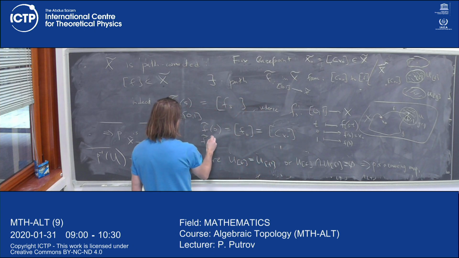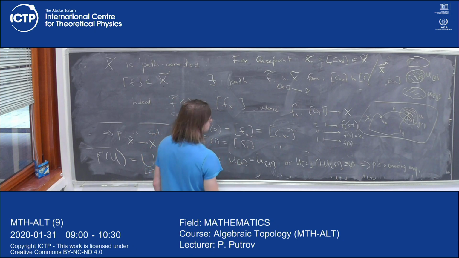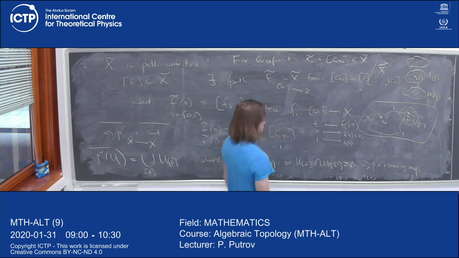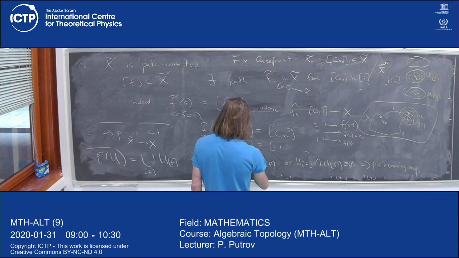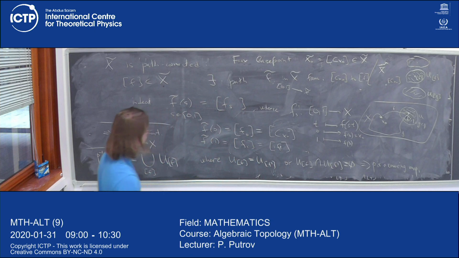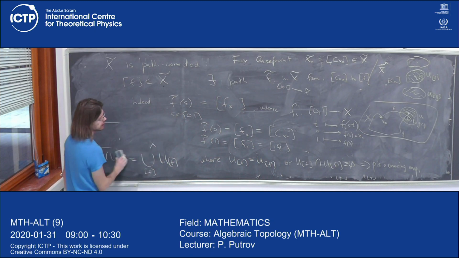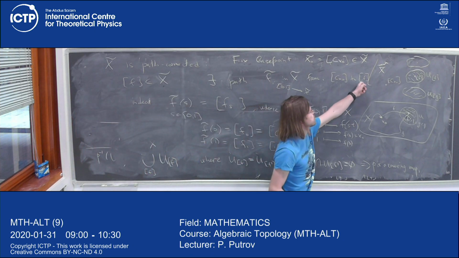And f tilde of 1 is a class of f_1. If I plug s to be 1 here, I get f of t, so f_1 is the same as f. So indeed I get f tilde is a path from this to this.